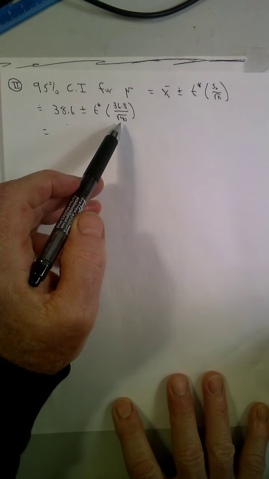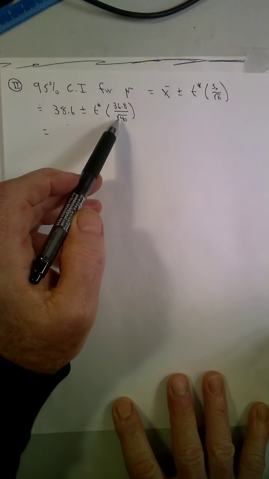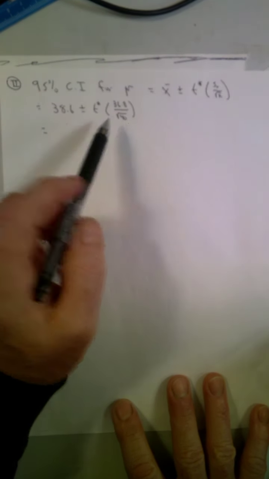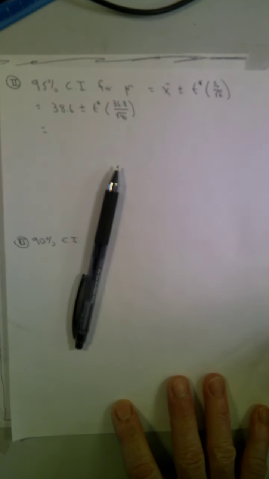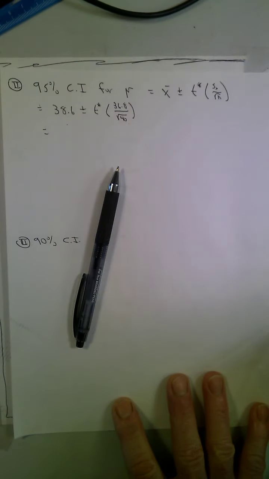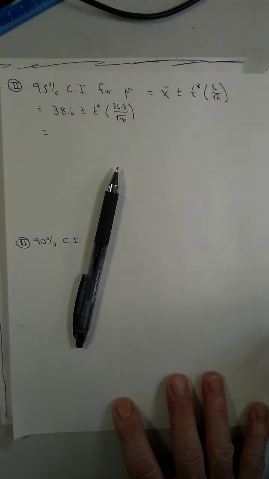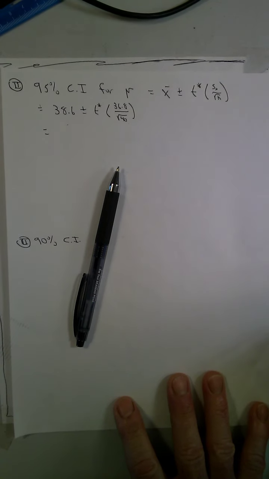On the first set of notes, I put the wrong number in there. Go back and check that. It should have been a 30 instead of a 20 back on the notes. Thanks to Matt, we caught that.